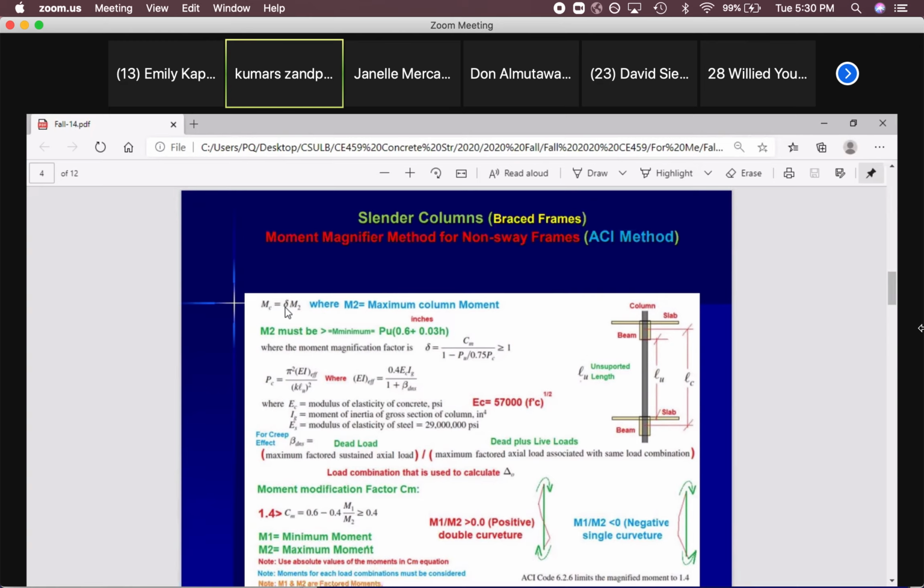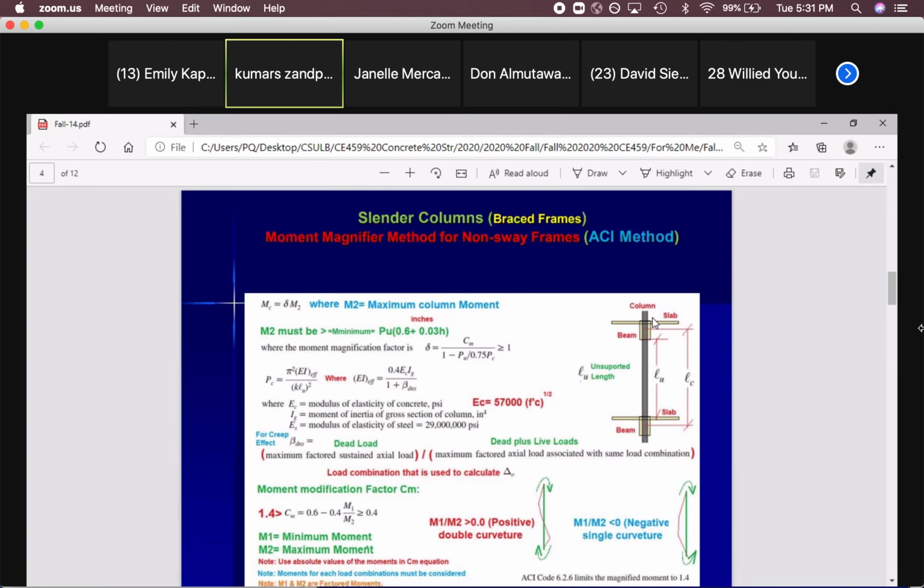Okay. And we have one moment on top, one moment at the bottom of each column. Which one should we consider? Consider the maximum as your M, and we call that M2. You have M1 and M2. M2 means the maximum between those two.